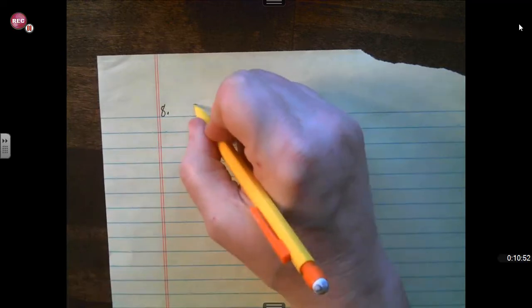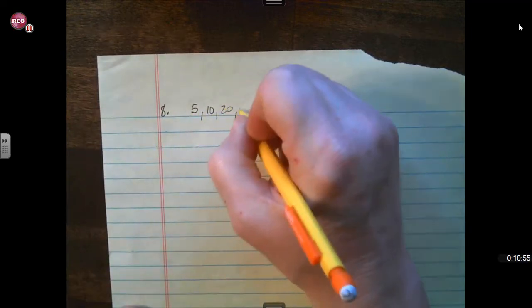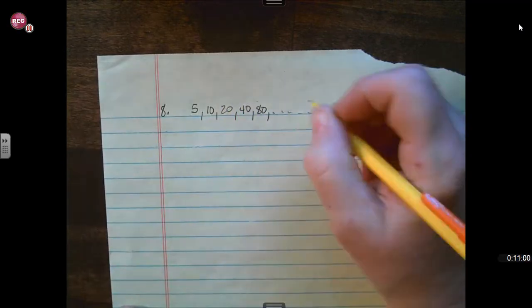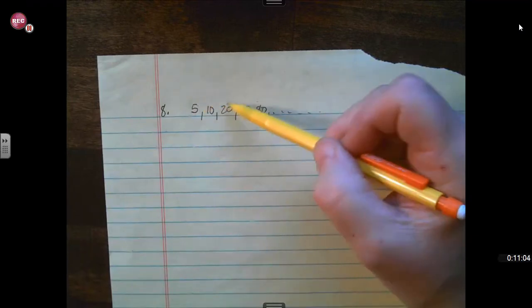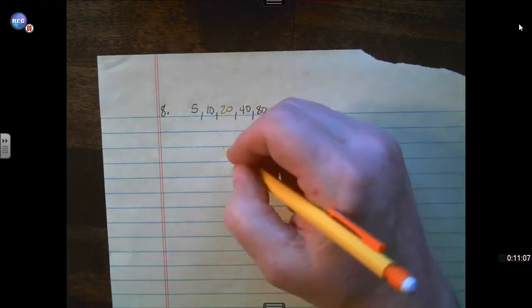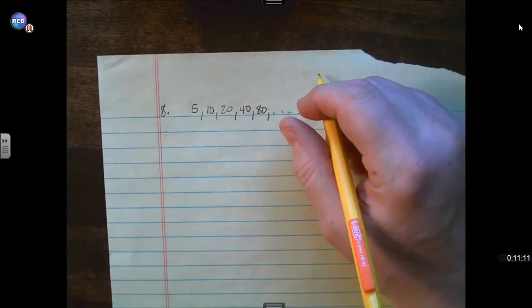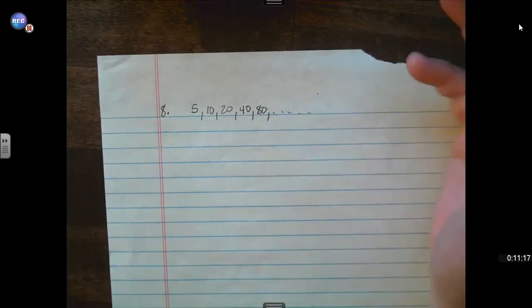Well, that means she would have 5, then 10, then 20, then 40, then 80, and so on. Is that exponential? I think so, because I multiplied by 2 each time. So to complete the sentence, this does represent an exponential function because her savings increase by a constant ratio.